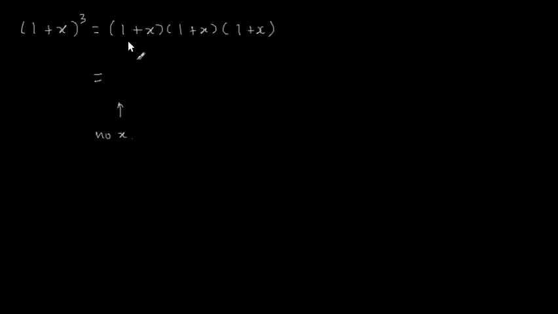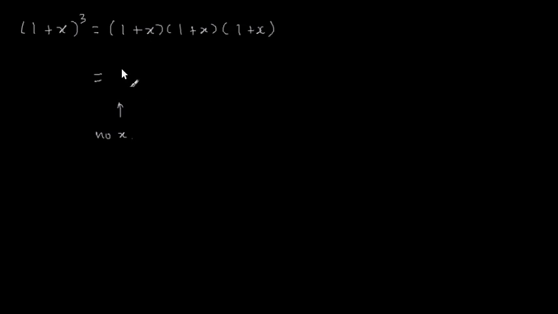Okay, if I look at the first bracket, to get no x, I have to pick 1. I can't pick x because then I would have an x. So I have to pick 1 from here, and likewise from the next bracket I have to pick 1, and here I pick 1. There's only one way I can do it.